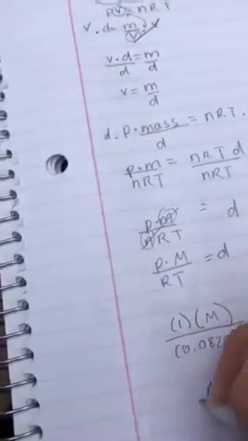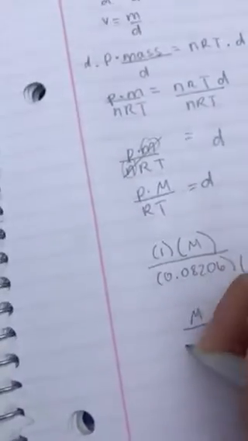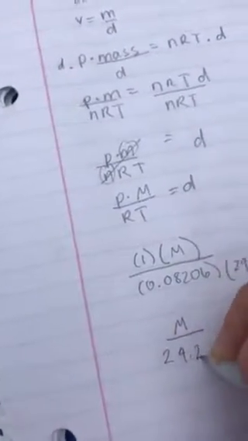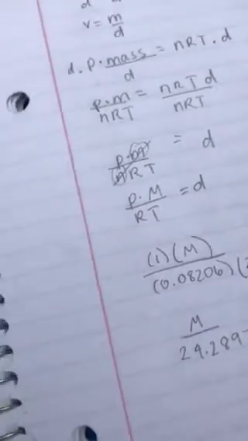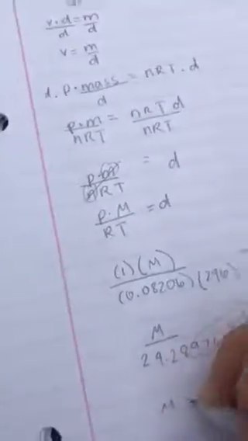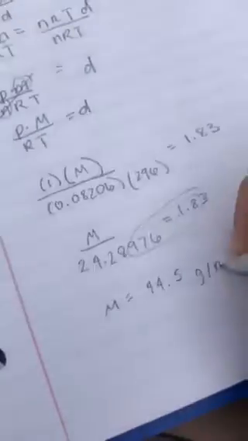So then you'd multiply the numbers on the bottom to get the molar mass over 24.28976 is equal to 1.83. You're going to then cross multiply to get the molar mass to be 44.5 grams per mole.